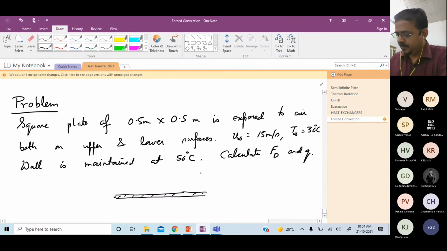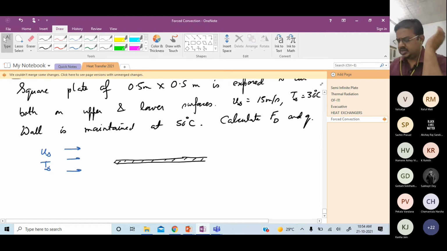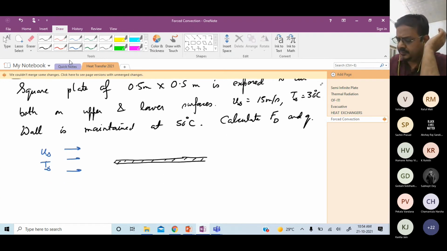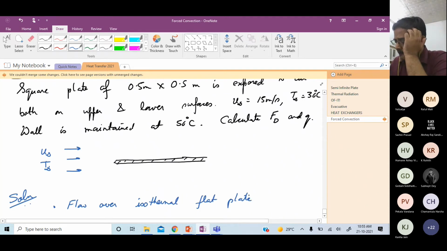Let us identify all the things. Solution. First, flow over isothermal flat plate. L is 0.5 meters.